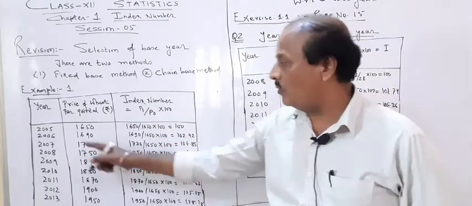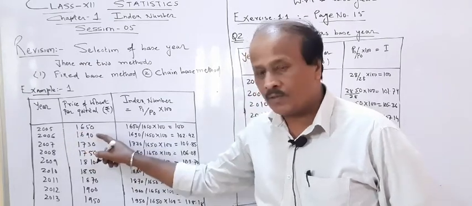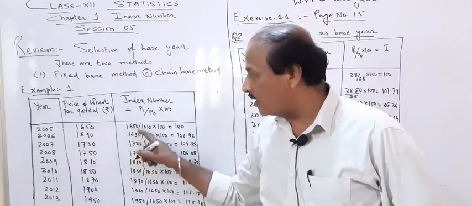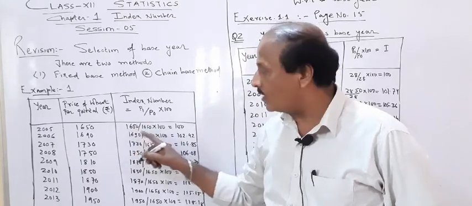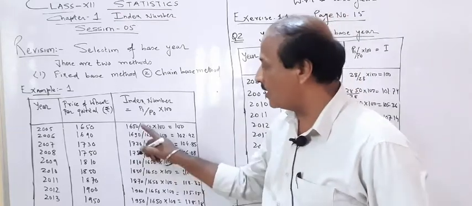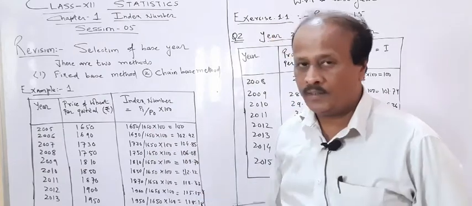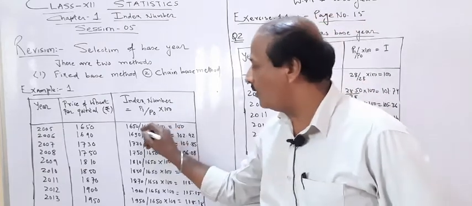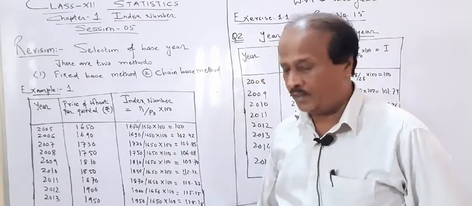See the price value of 2005, 1650. For 2005, the current year as well as the base year are the same. So 1650 divided by 1650 multiplied by 100. There is no need to use a calculator; directly you get the answer 100.